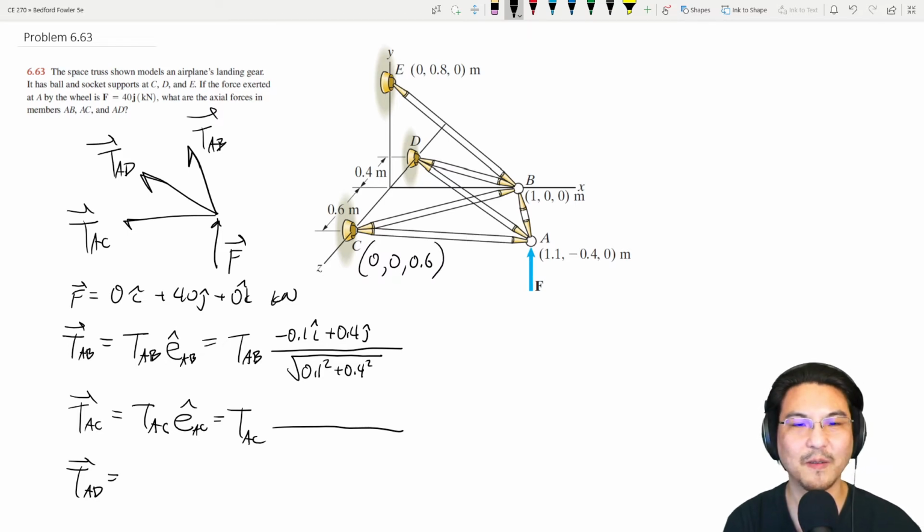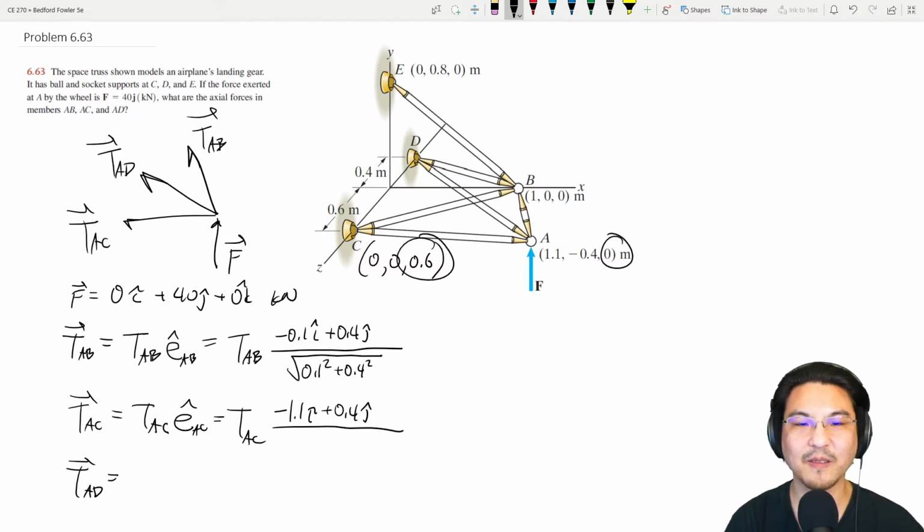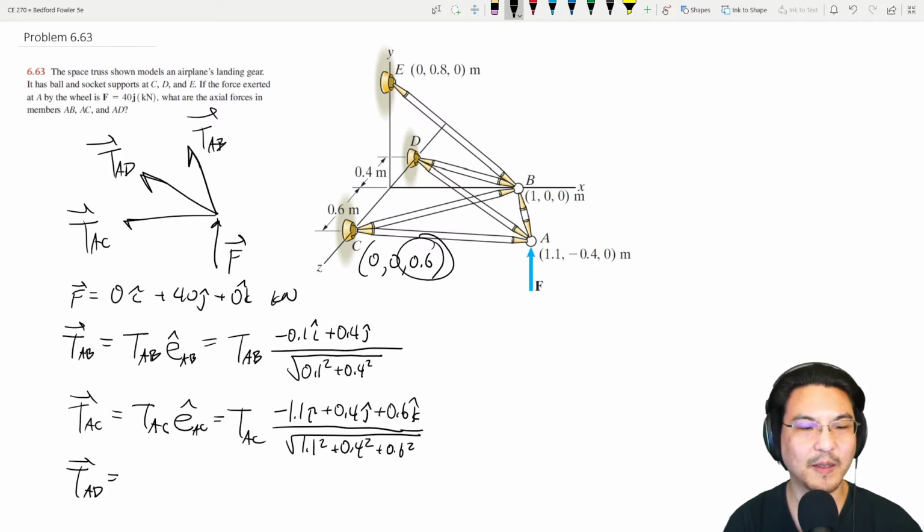So from A to C: 0 minus 1.1 i, 0 minus negative 0.4 j, 0.6 minus 0 k. And then for the unit vector, just divide by its own magnitude.